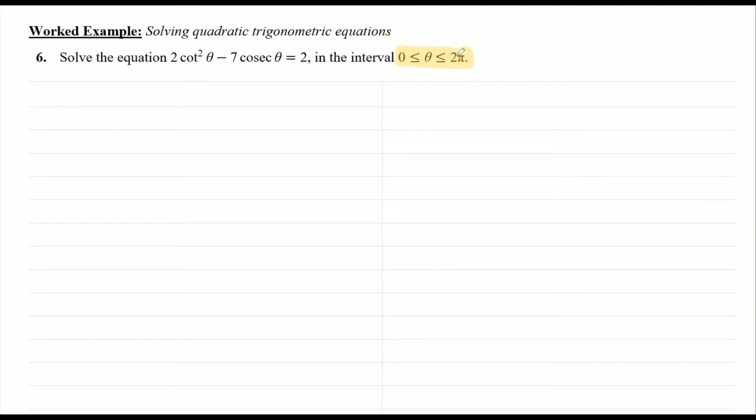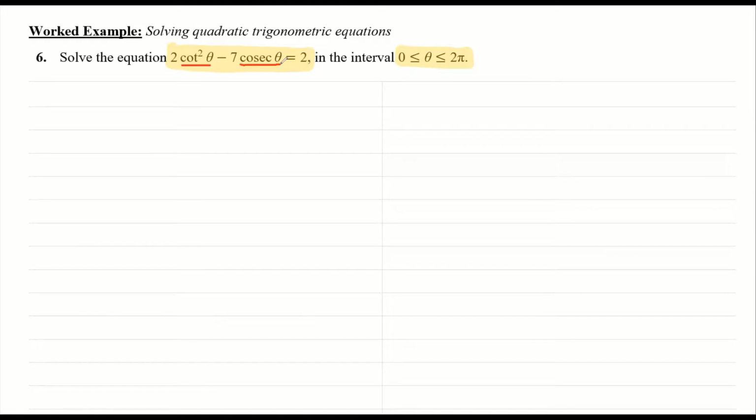Before we get on to any of that, we need to look at the equation that we've been given and decide what needs to be done. If we look at that, we've got a squared term, which is the first term of this equation. We have a non-squared term and we have a constant. If you have a squared term and a non-squared term, this is clearly a quadratic. There's some kind of substitution that can be done to make the quadratic a little easier to manage.